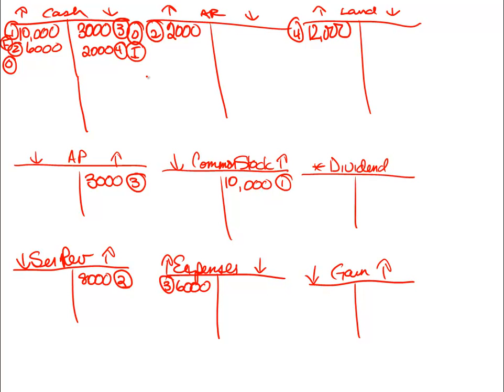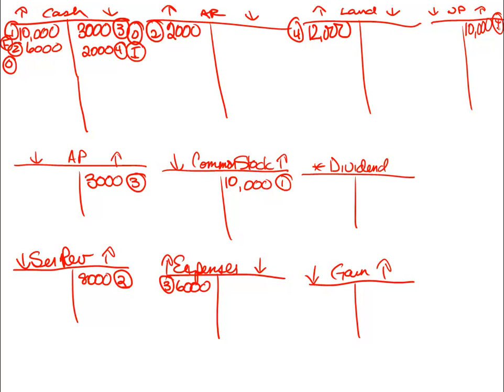And we signed a note payable for the rest. So I think I need to set up a note payable account. Let's just put it over here. Note payable, increased by credits, decreased by debits. We are increasing it by $10,000, and that's number 4.